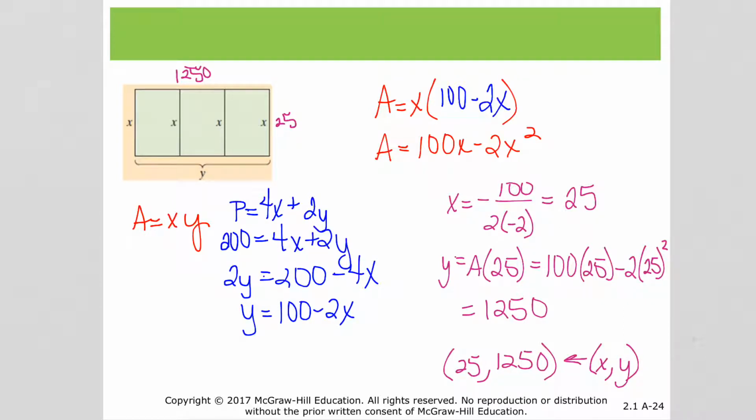So the distance here is 25, and the distance along here is 1,250, and I believe that's in feet. So our maximum area will be given by 25 feet by 1,250 feet.